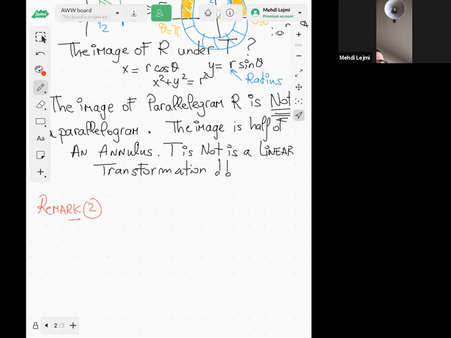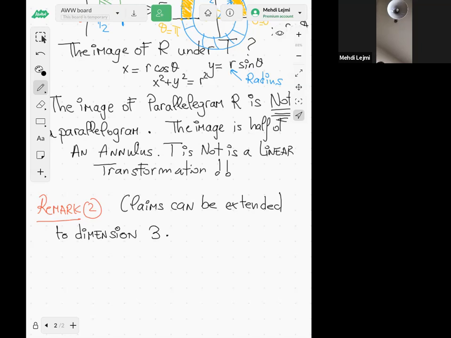Okay, so here these claims can be extended to dimension 3, to the space.